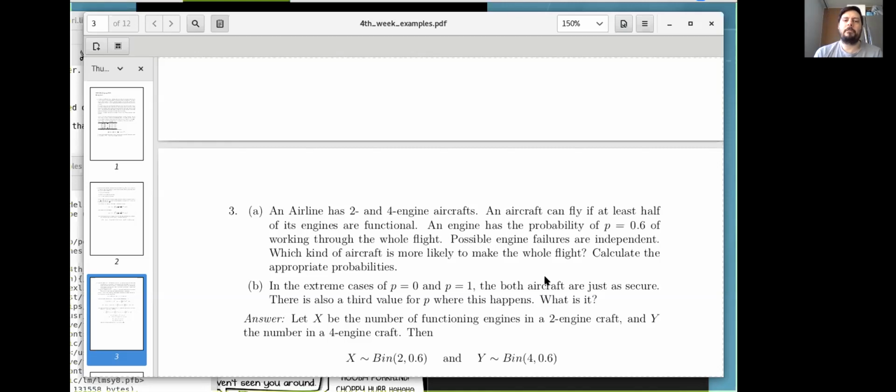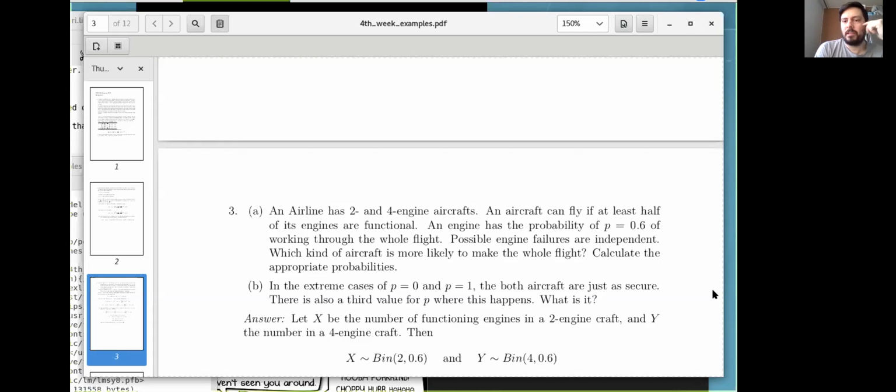An aircraft can fly if half its engines are functional. So we're looking at X and Y, X for the 2-engine aircraft and Y for the 4-engine aircraft. These are the number of functioning engines. For X, it's a binomial distribution with 2 and probability 0.6 of functioning.